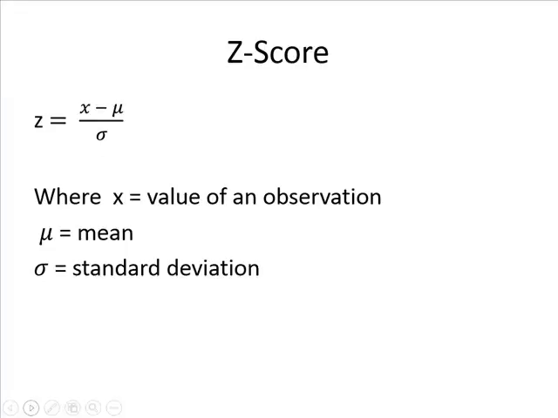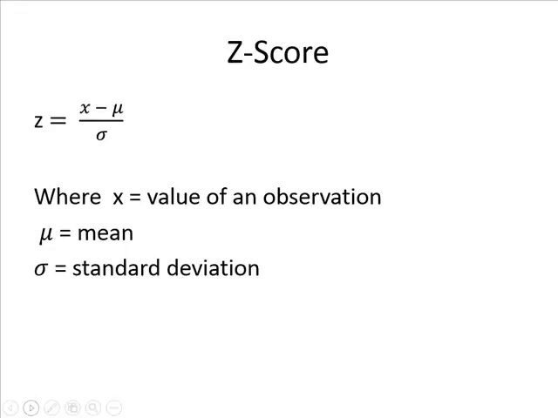Okay. So here's an equation for you. Z, the score we're looking for, which is an actual z, it's not a z, we just call it z, is equal to x. X is the value of the observation. So in the previous example, what was x on my slide from the internet?